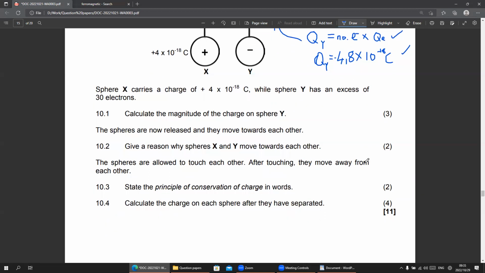They say the spheres are allowed to touch each other. After touching, they move away from each other. So they want you to state the principle of conservation of charge in words. Charge is conserved in an isolated system. That's basically what it says.